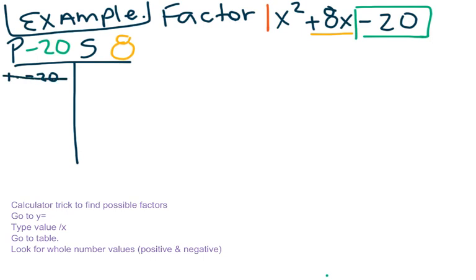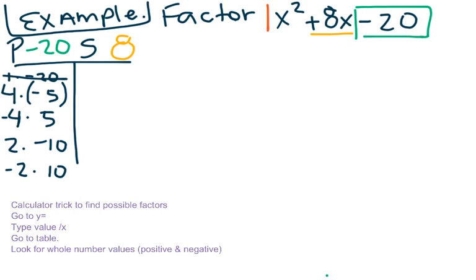But I know maybe if I do 4 times negative 5, and I want that to look like a multiplication. Okay, the opposite of that is negative 4 times 5. We also have 2 times negative 10, and then the inverse of that is negative 2 times 10.